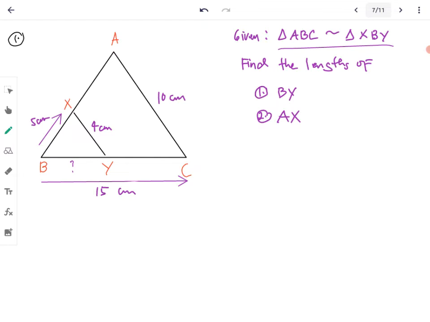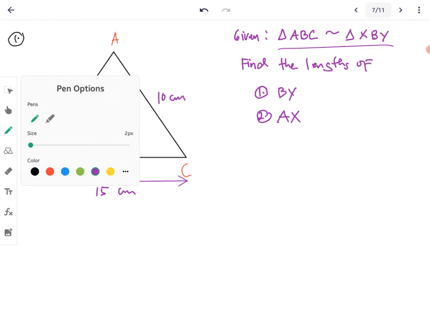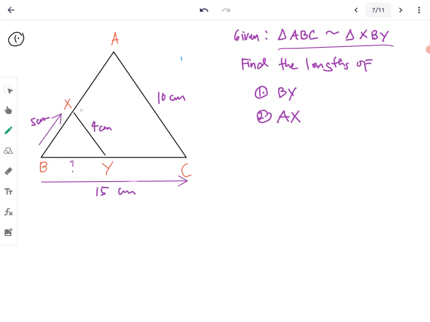The corresponding sides with available measures are XY and AC. These are corresponding sides, and we can use that to set up our equation.